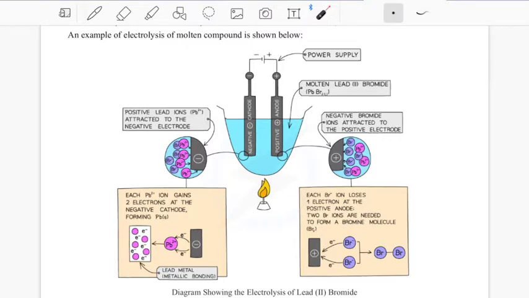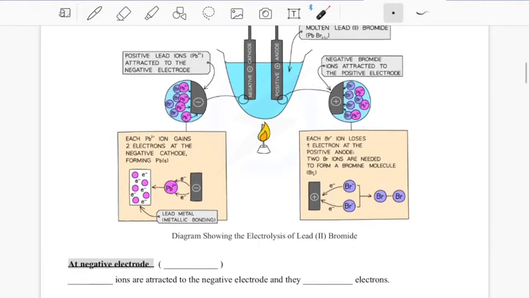As we learned in Unit 20, a halide ion such as Br- tends to lose electrons and become bromine. Because it carries a negative charge, when the circuit is completed, it's going to be attracted to the positive electrode.